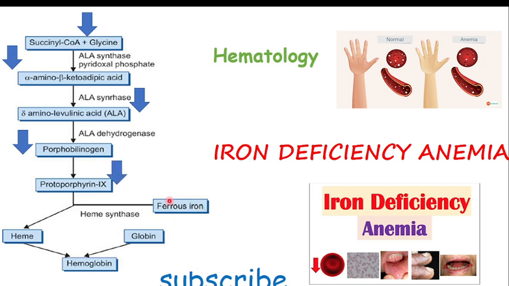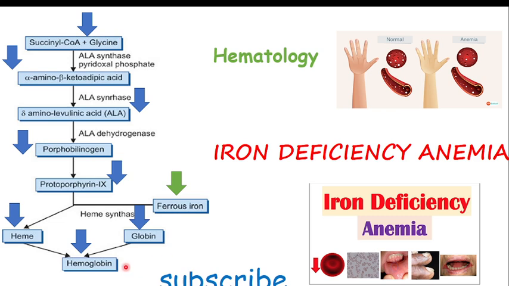So our game is here, on the ferrous iron. This iron will react with protoporphyrin 9 so that you can have heme, and this heme is going to combine with globin, which is an amino acid chain, and globin and heme form hemoglobin.